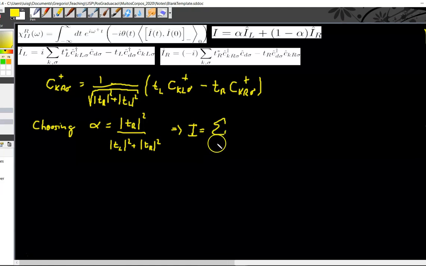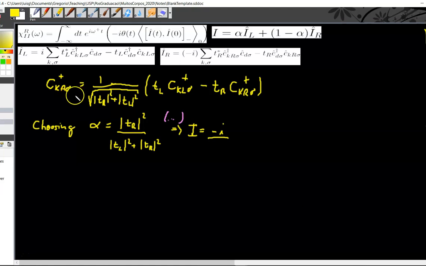Before I do the sum, let me write minus i, and essentially I'm going to plug I_L there, and I_R here, with alpha chosen as this. You can do it yourself; it's just an algebraic manipulation.